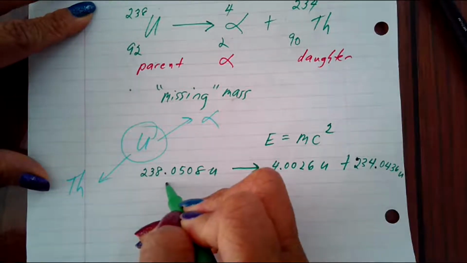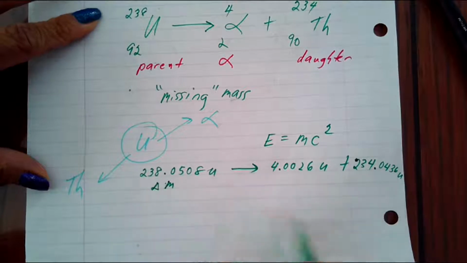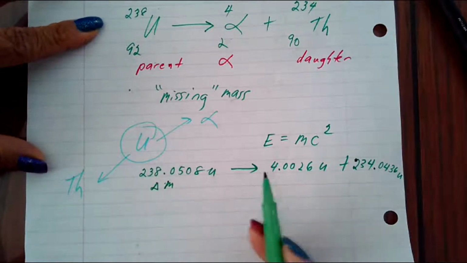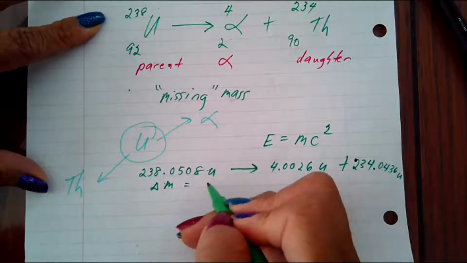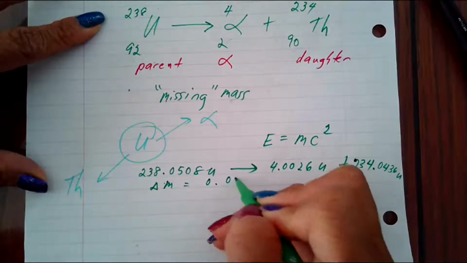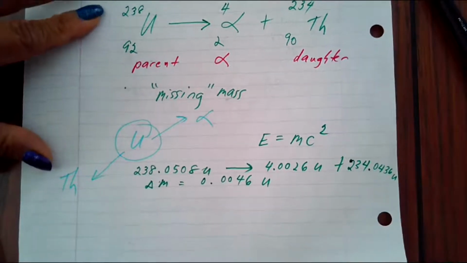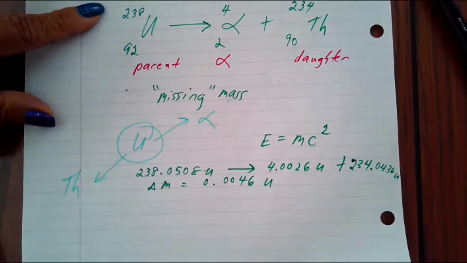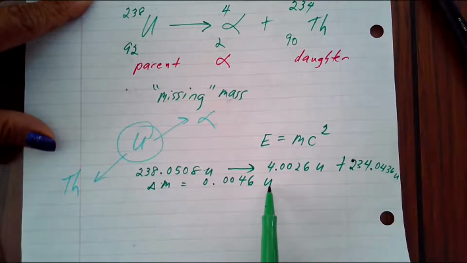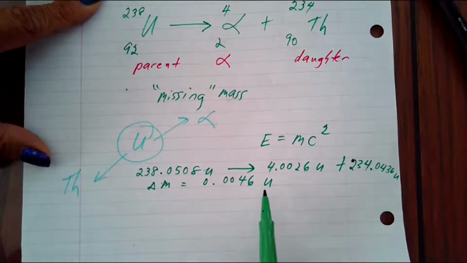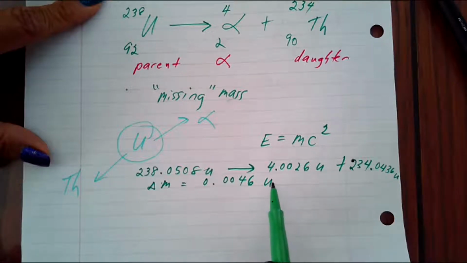So let's take a look at the missing mass here. The change in mass from the parent nucleus to the daughter nucleus. When you subtract these two, you get 0.0046 atomic units. Now it's very small, but it is still less. So this is in atomic units. We need to convert that into kilograms, the metric unit for mass.